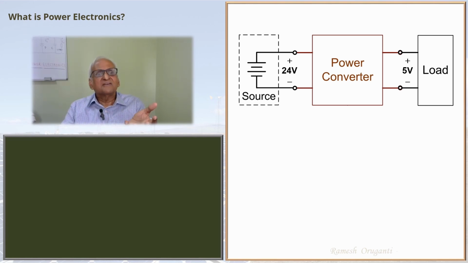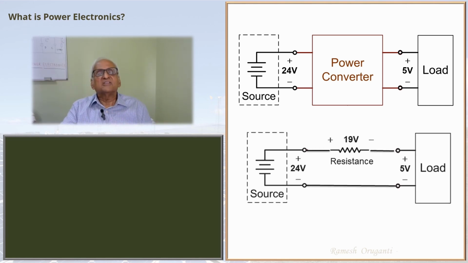You can reduce the voltage from 24 volts to 5 volts by adding a series resistor. That series resistor will drop the voltage, in this case the difference between 24 volts and 5 volts, that is 19 volts, across it so that the 5 volts appears across the load, and the load in effect draws power at 5 volts.